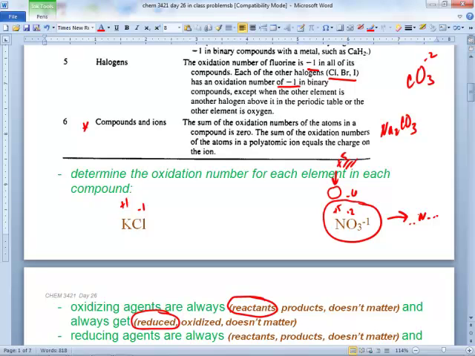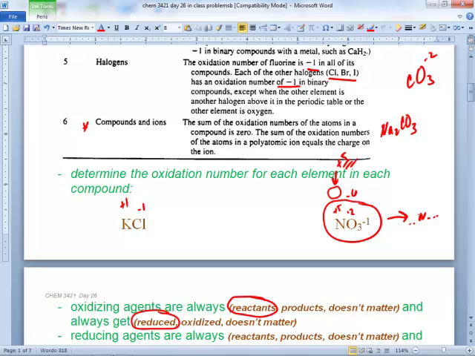Anything above 5 or lower than 5? It has to change, right? 5 is not. There's no change. Reduced means reduced.